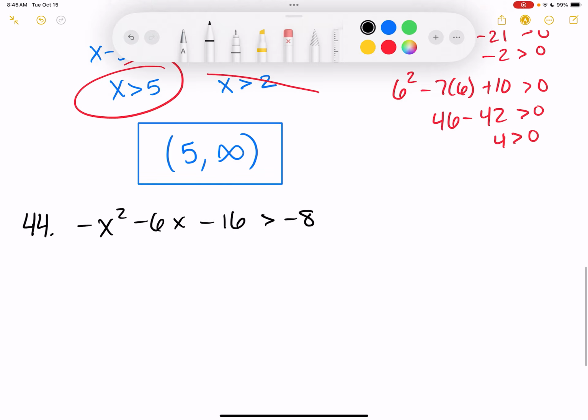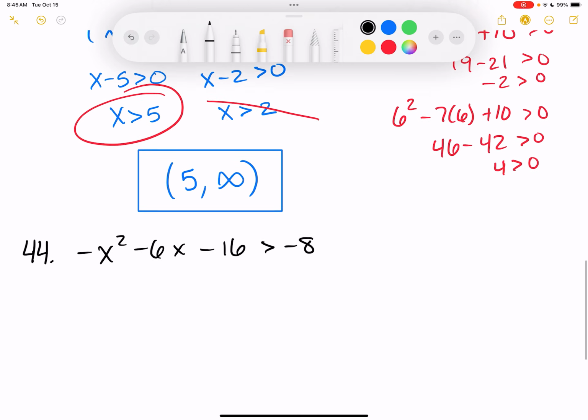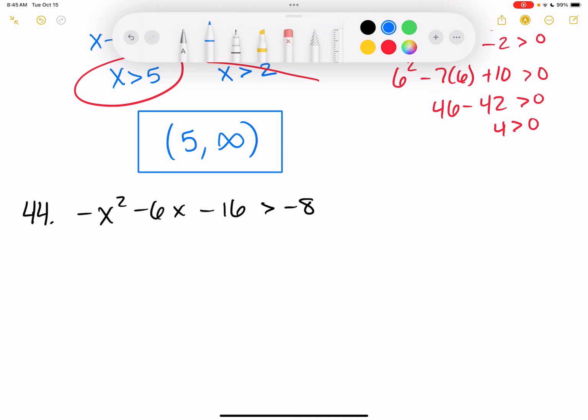What's different about this problem compared to the last one, besides the fact that all the numbers are negative? It's not equal to 0. So I need to first and foremost move that negative 8 over. So that's going to be negative x squared minus 6x minus 8 is greater than 0.